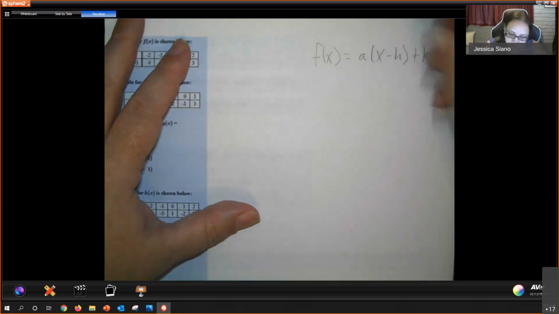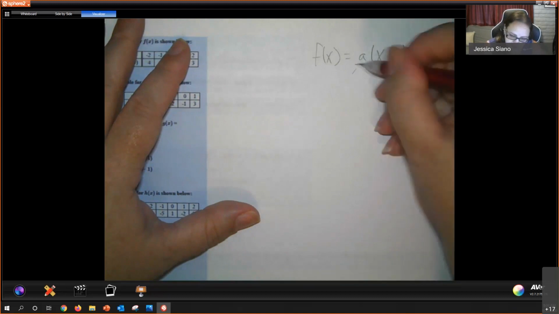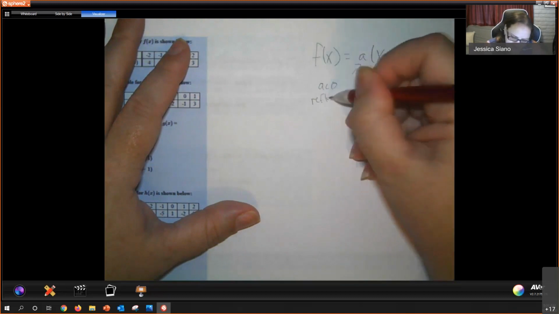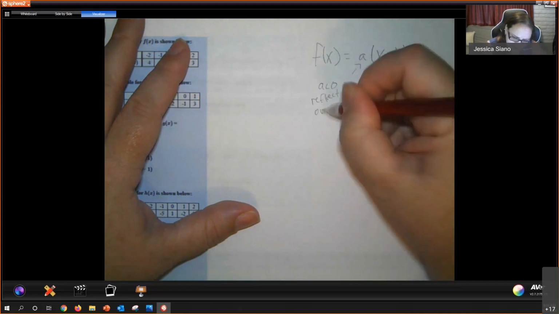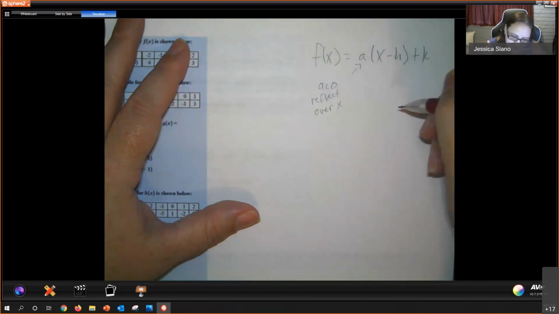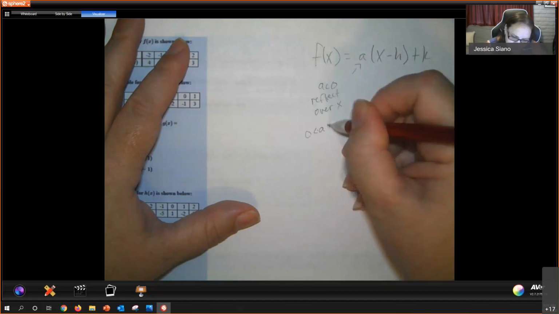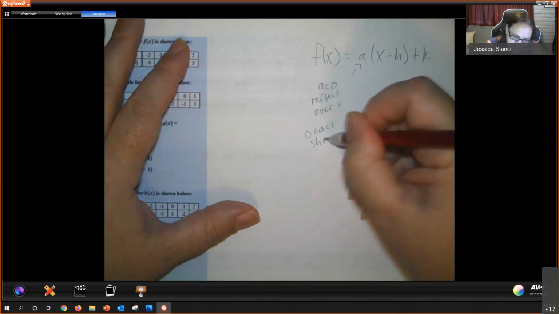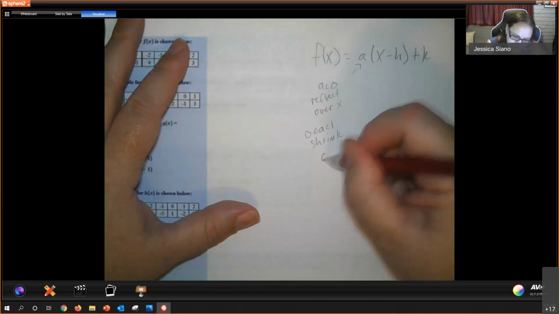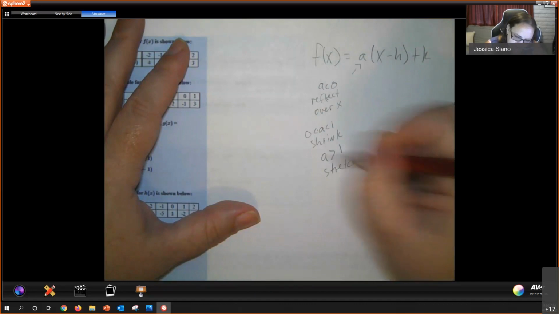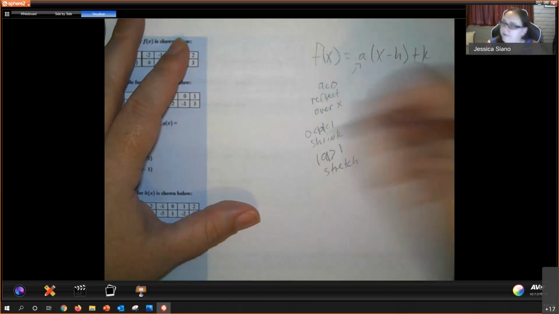A tells me shrink or stretch. If a is less than 0, it reflects over x. If a is in between 0 and 1, it shrinks or compresses. If a is greater than 1, it stretches.